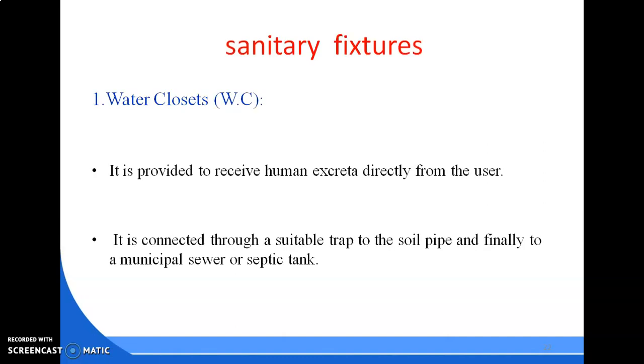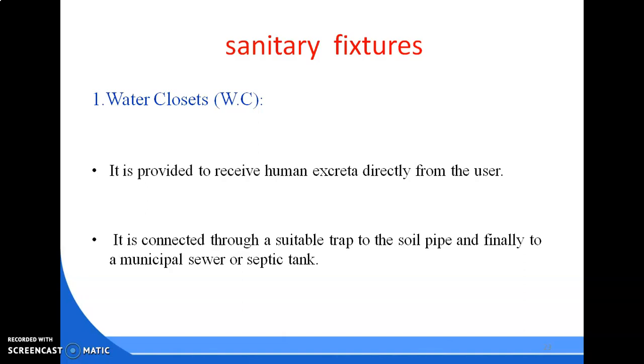Now we discuss some examples of sanitary fixtures, also some fittings. First, the water closet, also known in short form as WC. The water closet is defined as a sanitary fitting or fixture which is designed to receive human excreta directly from the person using it.